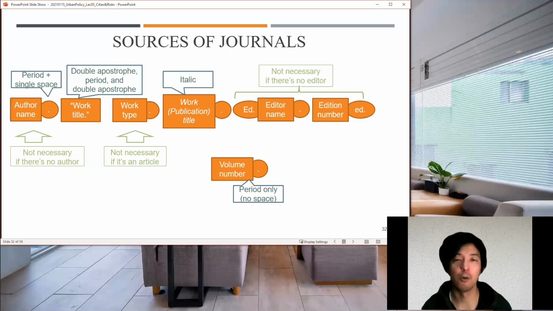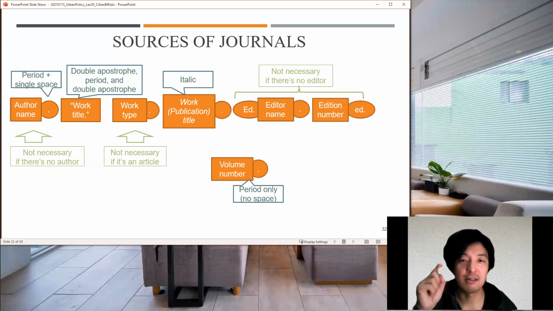For example, when you begin making journals, the first publication will be volume 1, okay? And next year, you probably publish the second volume, right? So there is the first volume and the second volume. This is the volume number.